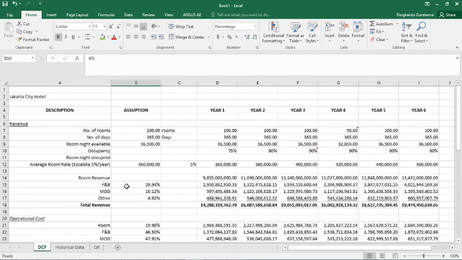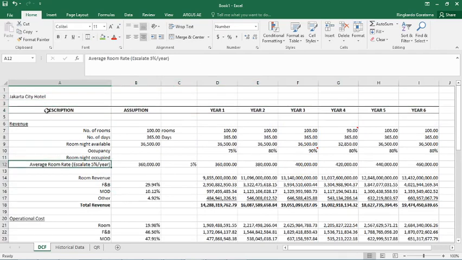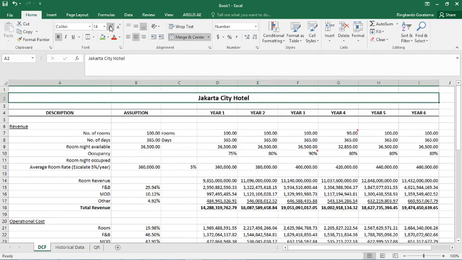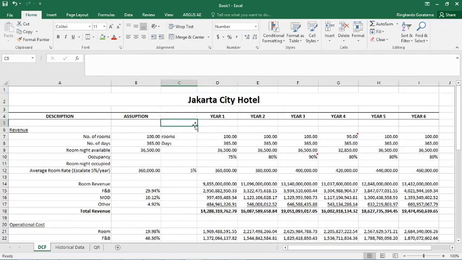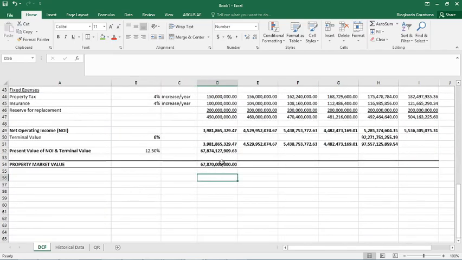All right, so make it look nicer. Jakarta City Hotel. Okay, so based on our assessment, so the Jakarta City Hotel property value is 67 billion.